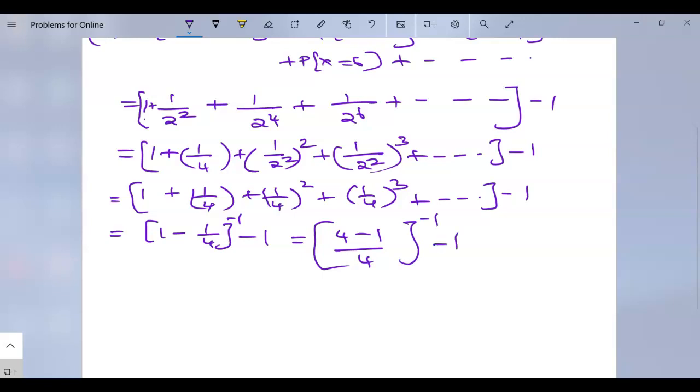So 3 by 4, the whole inverse. So 3 by 4 inverse means 4 by 3. Okay, 4 by 3 minus 1. So what is the answer? You will get 1 by 3. Right, 4 minus 3 is 1. So it is 1 by 3. Okay, this is the answer.